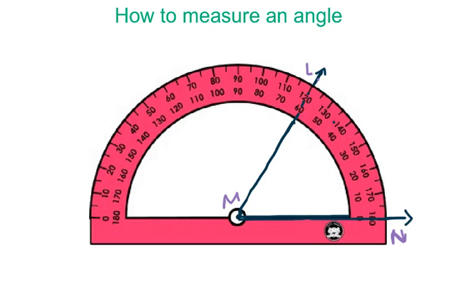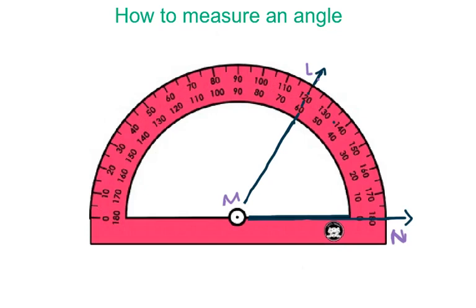Sometimes you have crosshairs there on different protractors, and sometimes you just have an open circle. This particular protractor simply has the circle.